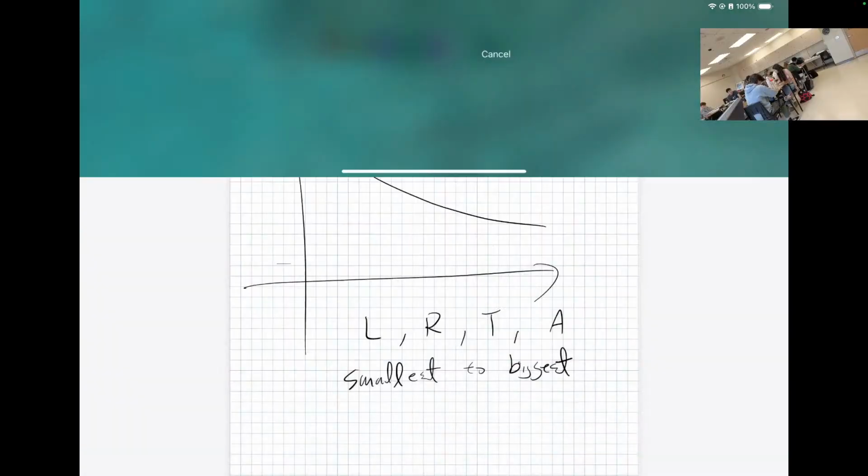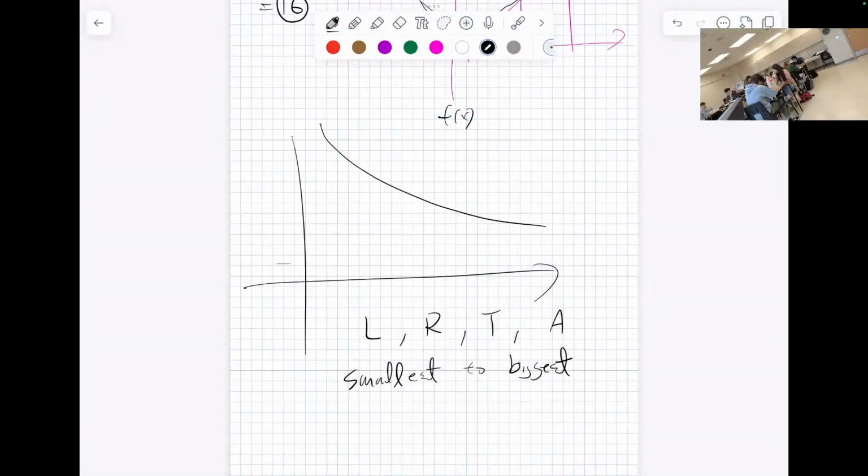Max, what do you think? You're good at drawing, so what do you think? Don't listen to Madeline. Listen to yourself. Which one's going to be the smallest or largest? Max? Good question. Give him a sec. Oh, you have a question? Oh no, I was going to answer.